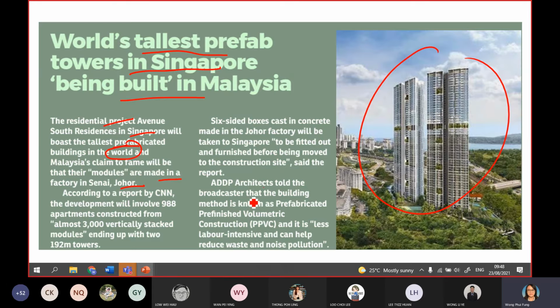The architect said the building method is called prefabricated, pre-finished volumetric construction, PPVC. It is less labor intensive, which means you don't need to hire so many laborers, and can help to reduce waste and noise pollution. So those are the prefabricated benefits.